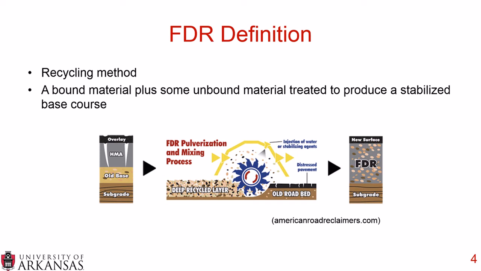You pulverize and mix all of that together with some sort of stabilization agent. This creates a new FDR layer, called a stabilized base course. Then you need to place some sort of surface on top of that FDR surface.